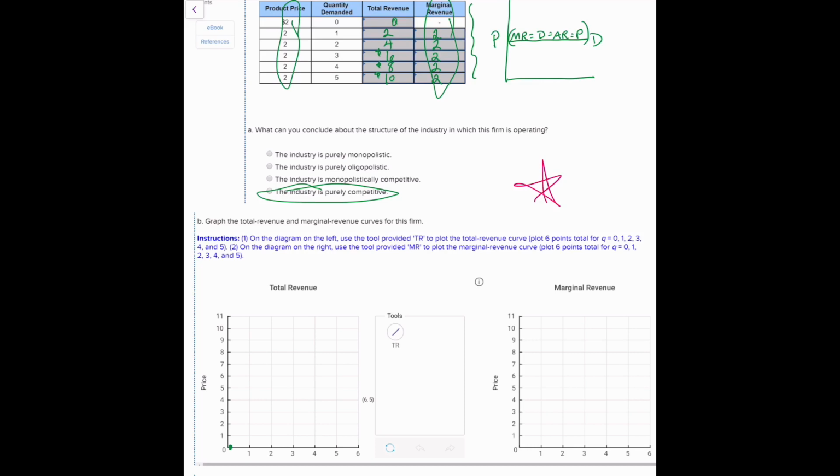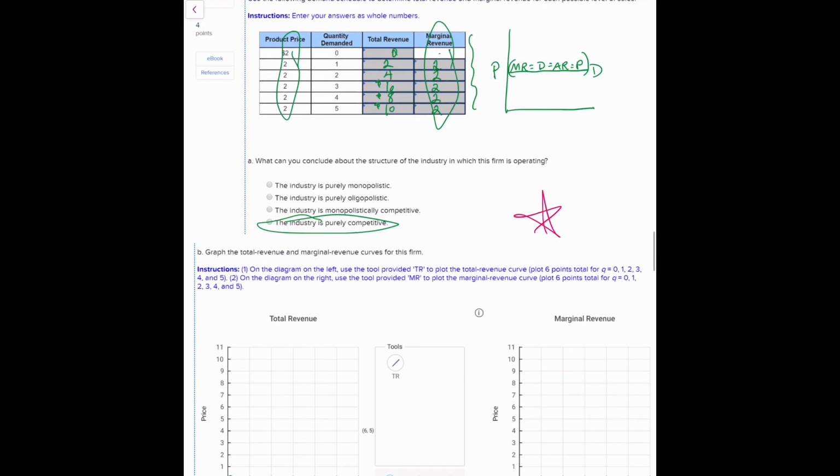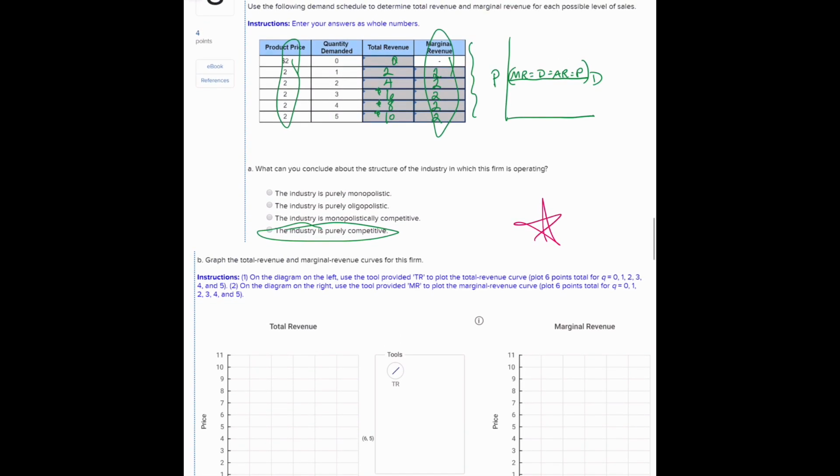So this next part says to graph the total revenue and marginal revenue curves for this firm. So we've got the total revenue information relative to quantity demanded, and here is the information we're going to work with for the total revenue. So I can say quantity demanded of 0, total revenue of 0, quantity demanded of 1, total revenue of 2, 2, total revenue of 4, 3, total revenue of 6, 4, total revenue of 8, 5, total revenue of 10.